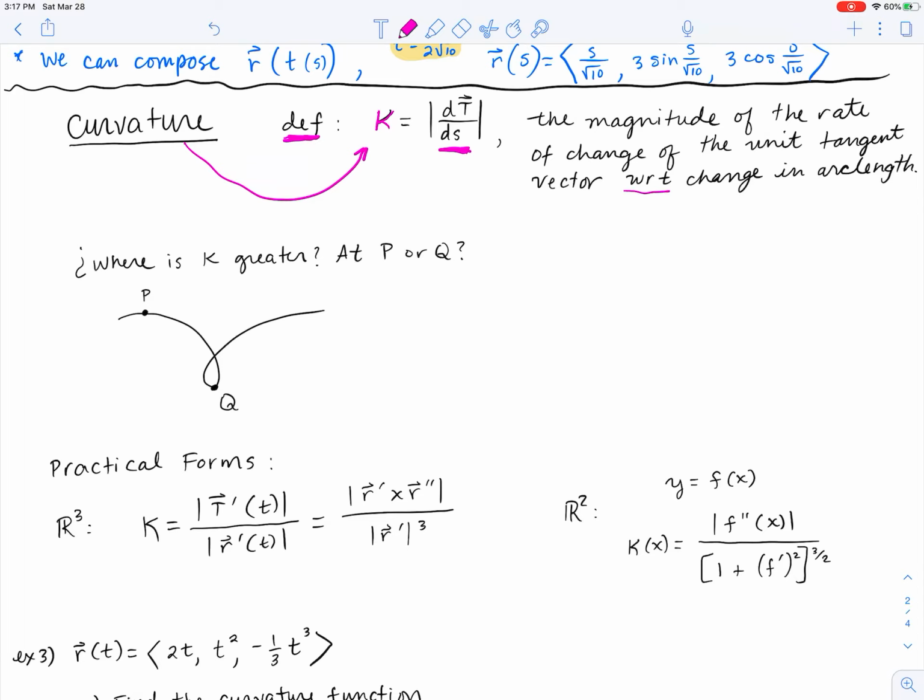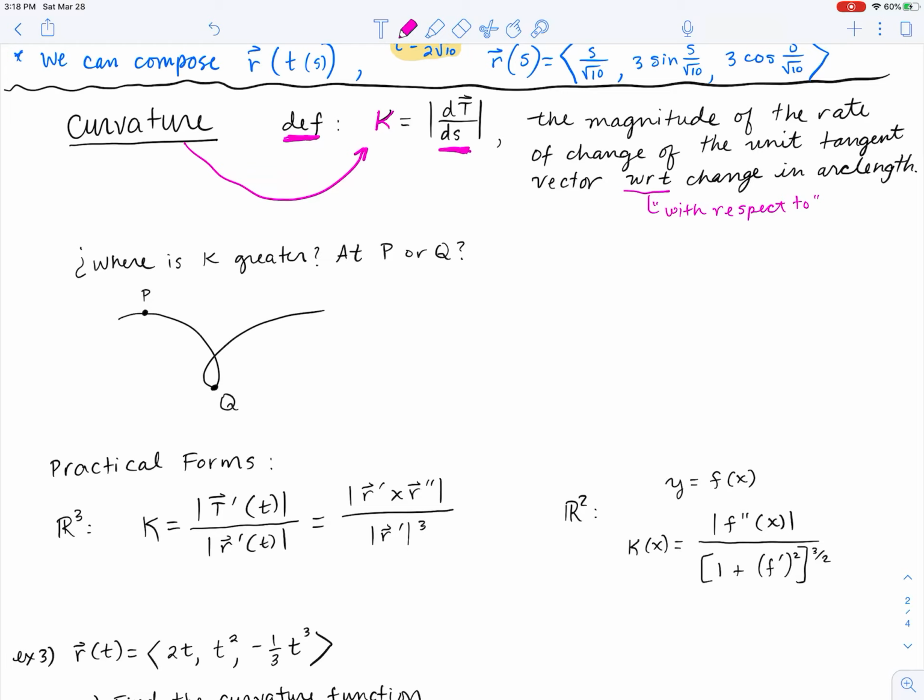If you haven't seen this abbreviation, this is "with respect to." And so we're measuring the rate of change of the unit tangent vector as it goes along this curve.